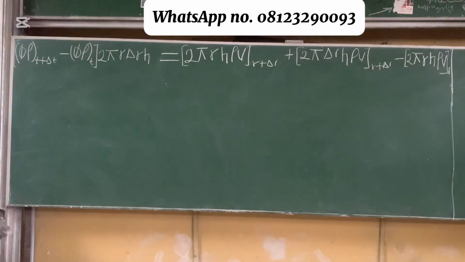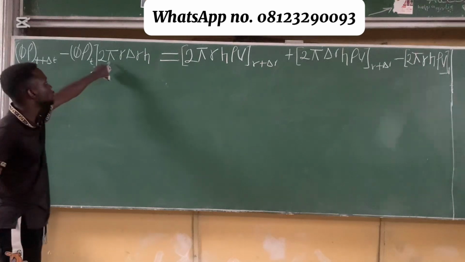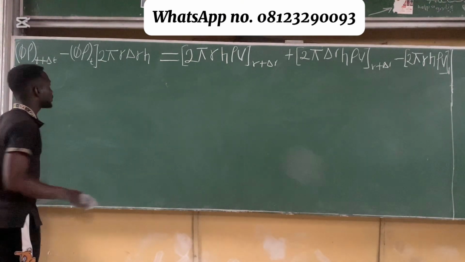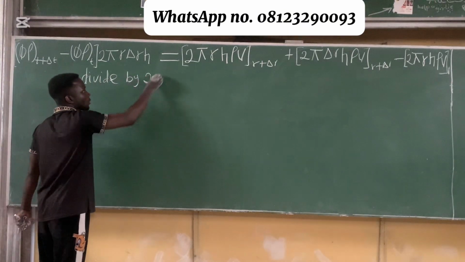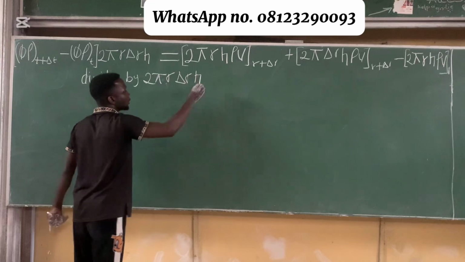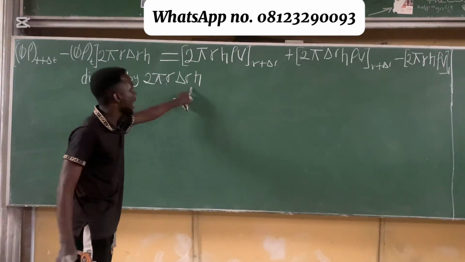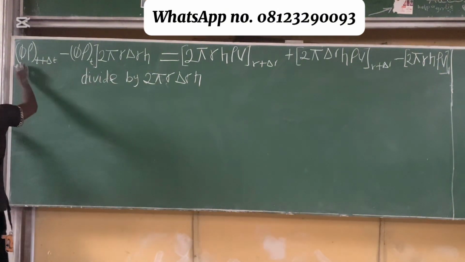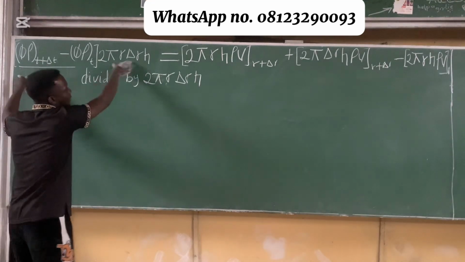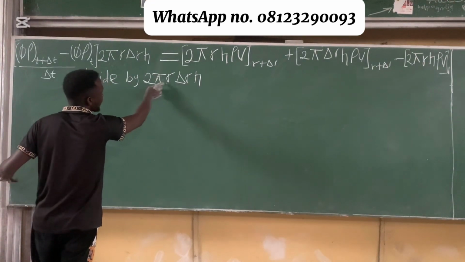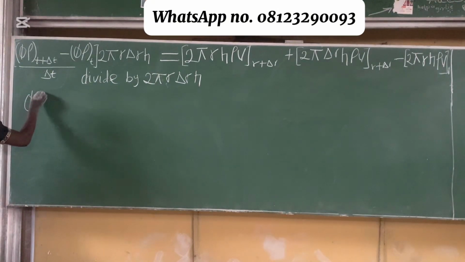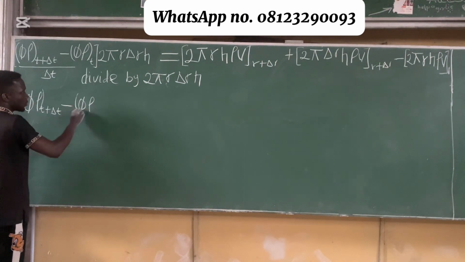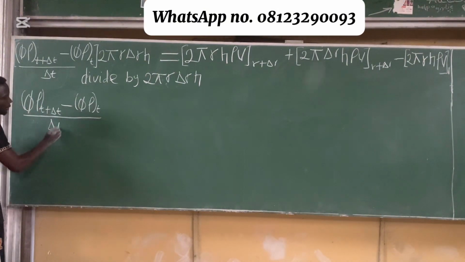Now, since we have this, the next step is to divide through by 2 pi r delta r h. If we divide through by 2 pi r delta r h, everything on the left here will cancel, and we'll be left with phi rho at t plus delta t minus phi rho at t, divided by delta t.